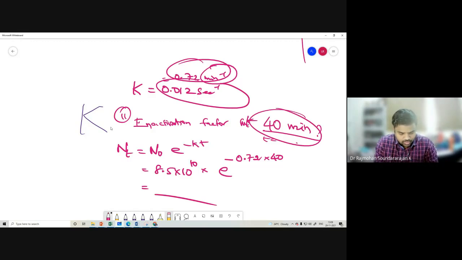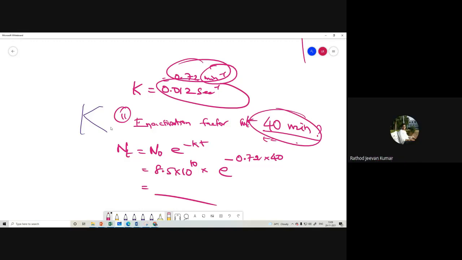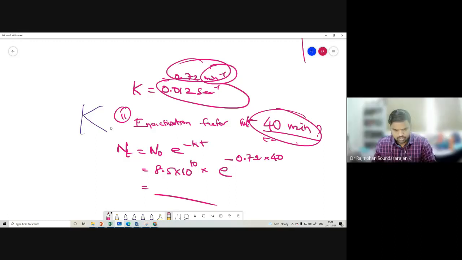8.5 into 10 power 10 into 2.75 divided by 1000, because 10 power minus 3, 0.026. Is there a unit for it?